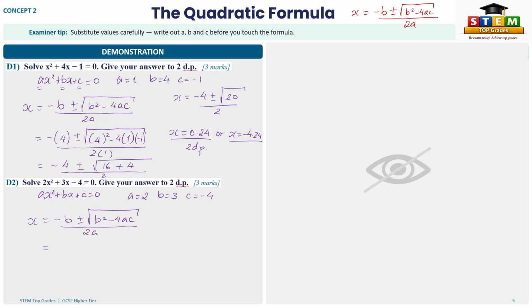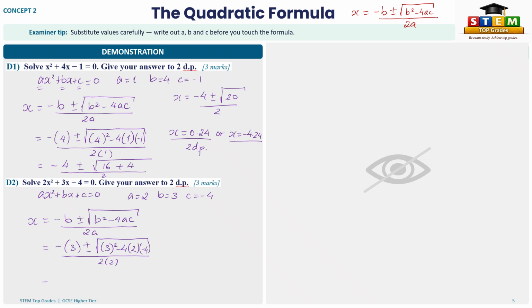equals minus b, which is minus 3, plus or minus square root of 3 squared minus 4 times a, which is 2, and c is negative 4, everything divided by 2 times 2.